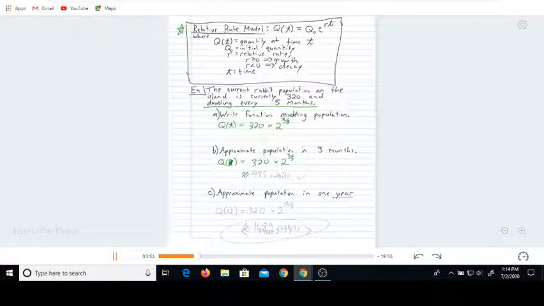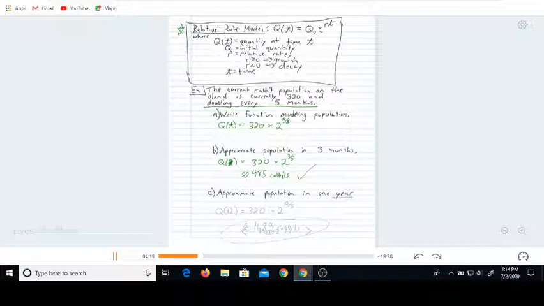Now we get approximately 485 rabbits. Now this makes sense. If the population is doubling every 5 months, it hasn't doubled yet. So at 5 months, it's going to go from 320 to 640. It will have doubled. So I know our answer is going to be somewhere between 320 and 640. That's exactly what we see.